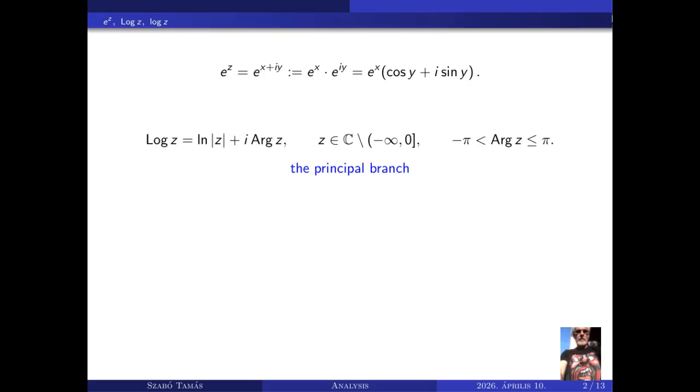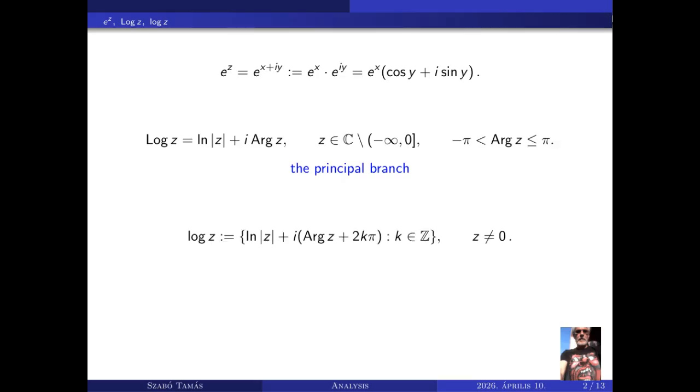Capital Log z equals natural log of the absolute value of z plus i arg z, where z belongs to the complex plane minus the non-positive real axis, and minus pi is less than arg z, and arg z is less than or equal to pi. This is the principal branch.